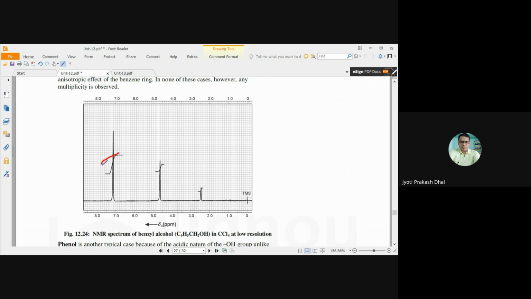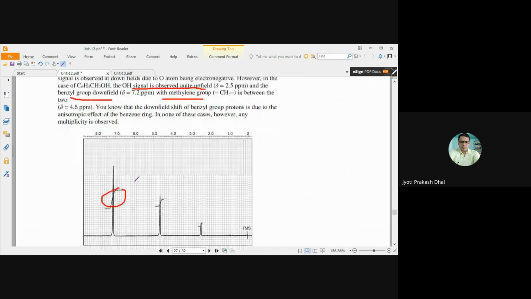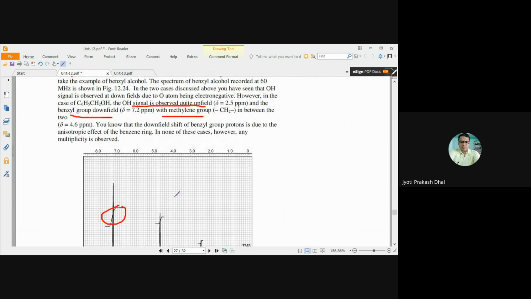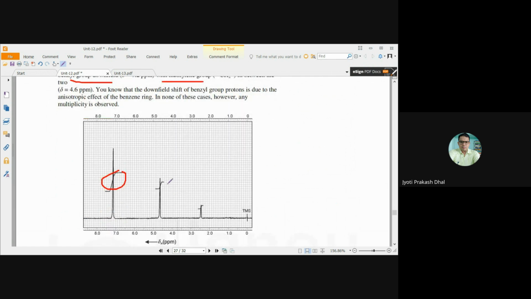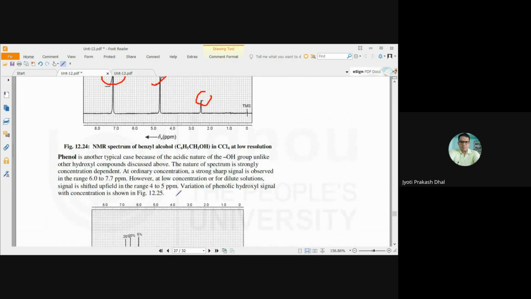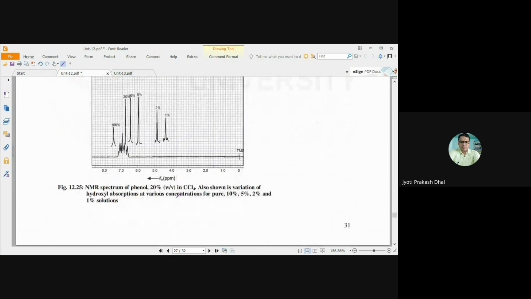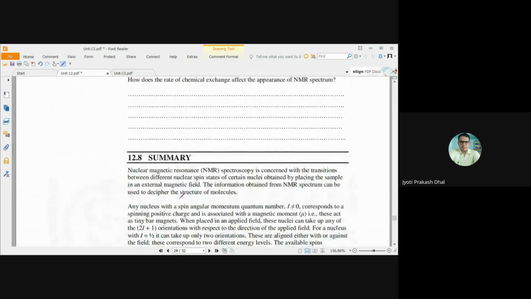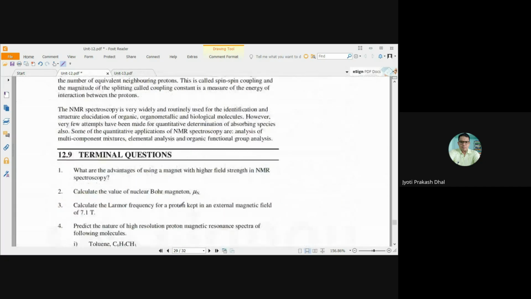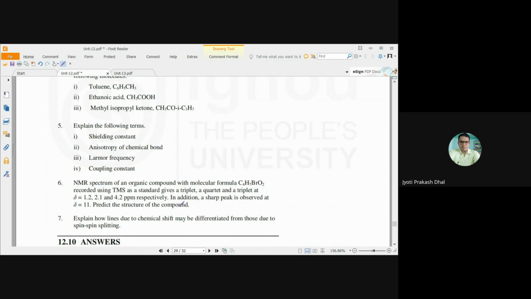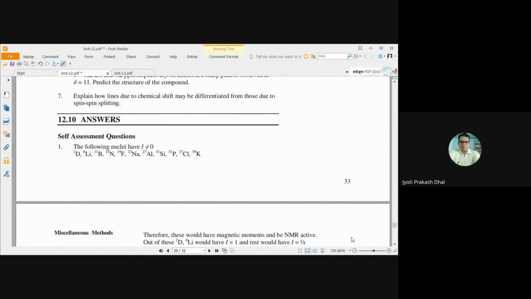So this is for the benzyl group, and this is for the OH group. This is the OH group, and between them the methylene group will be there. Phenol, so similarly you can see many types of organic compounds. The structural elucidation can be done for different types of organic compounds. So okay, here we will stop.